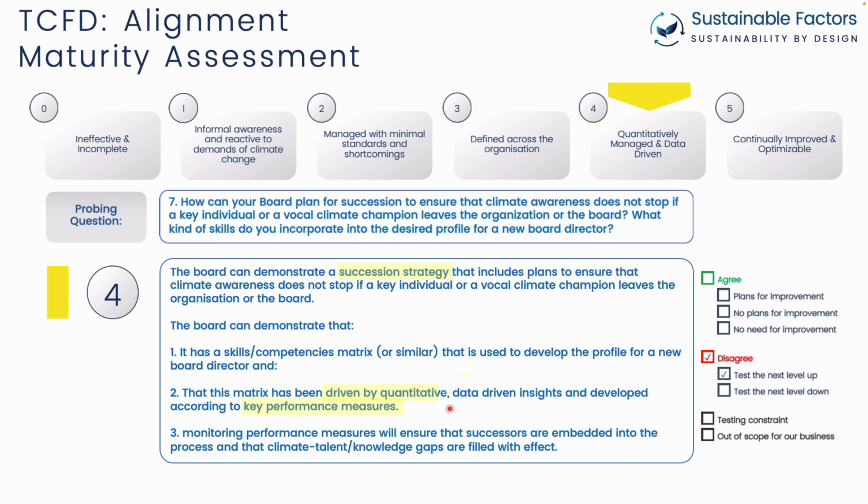There is, of course, a high level of predictability and confidence in your disclosures about your strategy to preserve the most current climate awareness and how you ensure the board's profiles are maintained with the most up-to-date climate-related information. And of course, with that quantitative data, you can now monitor performance measures, which will ensure that the successes are embedded into the processes and that climate talent knowledge gaps are filled with greater effect.